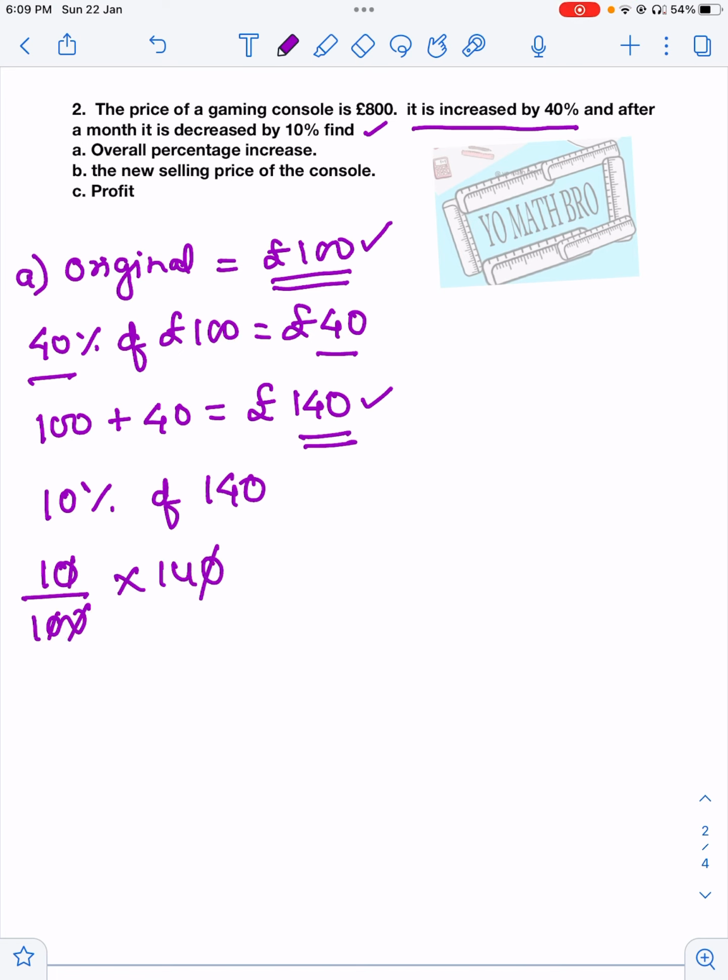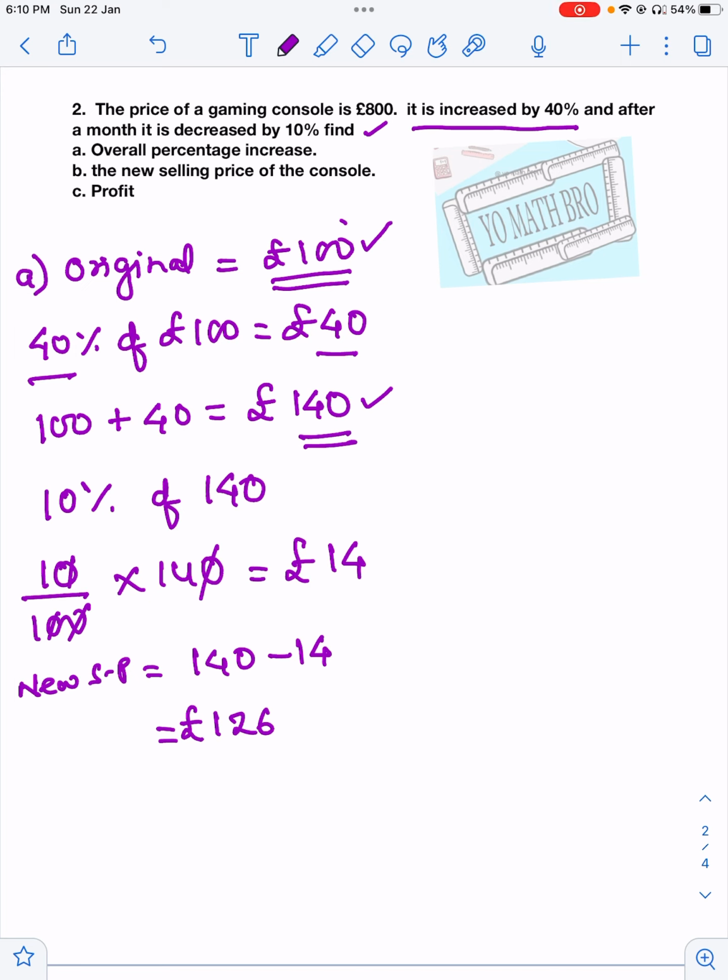I cut both the zeros. I get £14. Now, you have to look back at the question: this 10% was a decrease from 140. So my new selling price is 140 minus 14, which gives me 126.